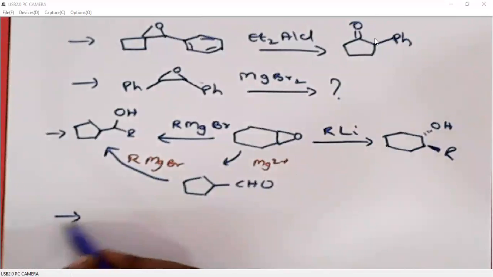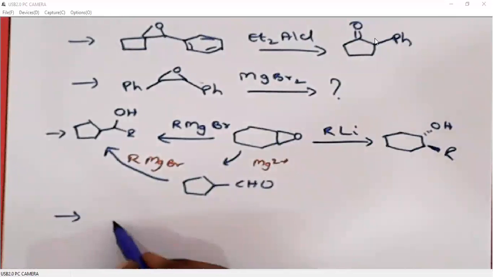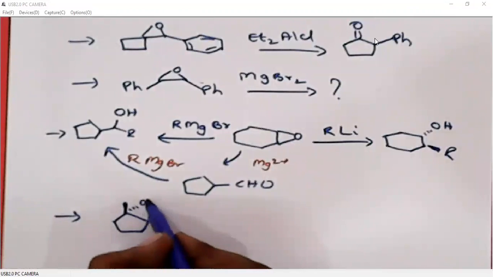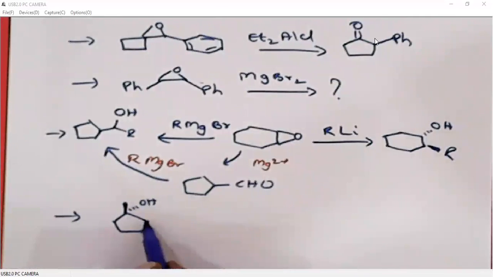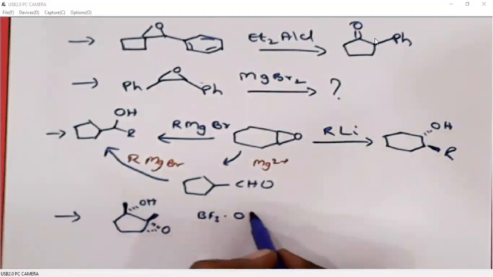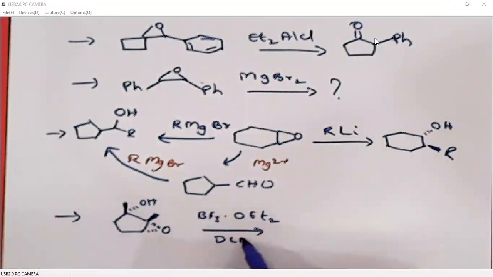In the last example for semi-pinacol-pinacolone rearrangement, see how a variety of products can be generated. When this molecule is treated with Lewis acid, what is the product?